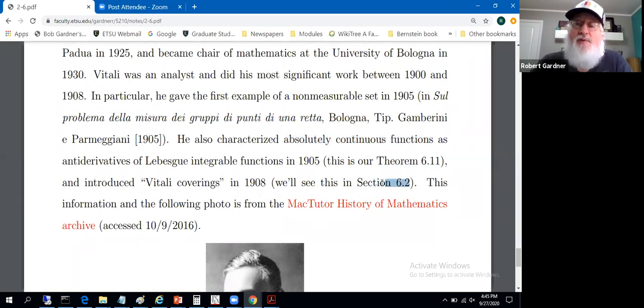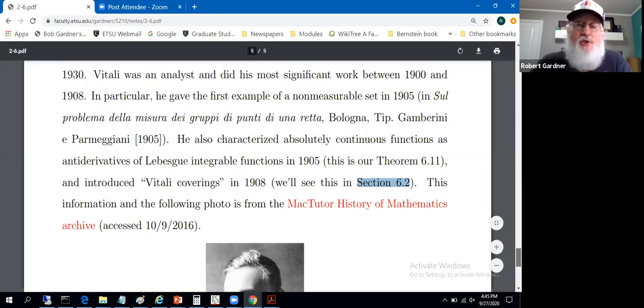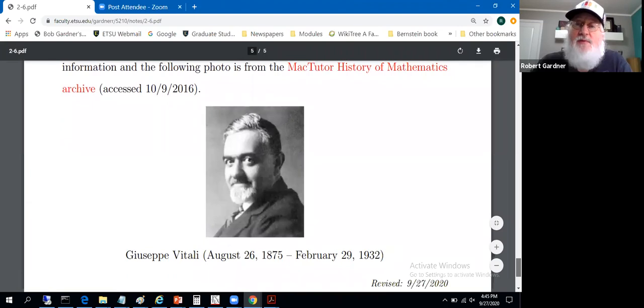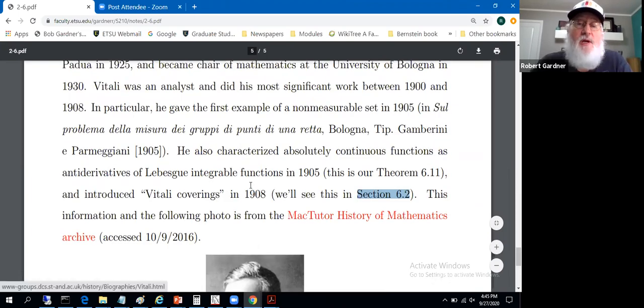We'll also see that somewhere in chapter 6. So big name chap relevant to this measure theory stuff, and a big name chap in terms of some of the integration theory to come as well when we look at Lebesgue integration.